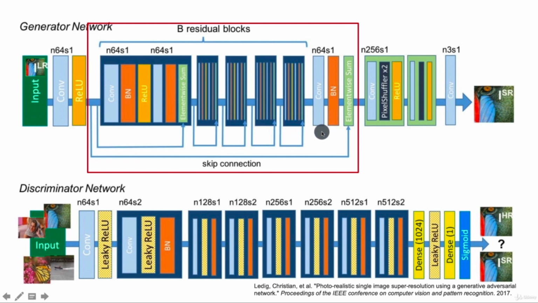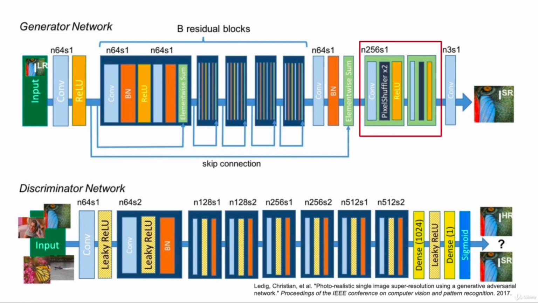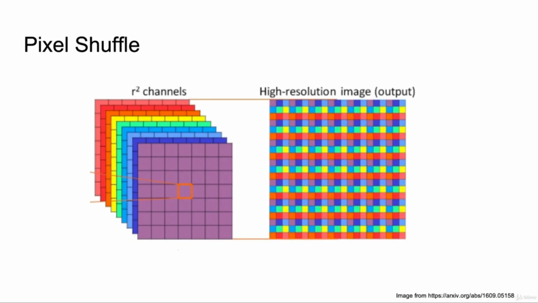After that you use convolution, batch norm, again element-wise sum. Then you use convolution and the interesting layer which is called pixel shuffler, and then ReLU.